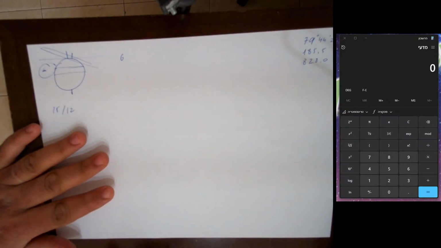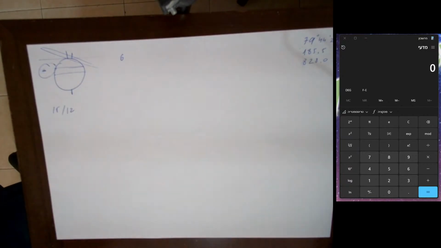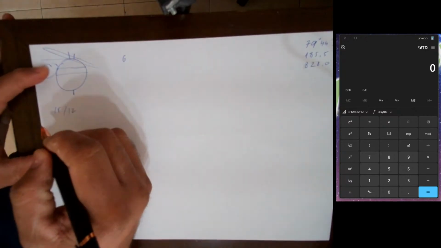We know the length of the fall. Let's see when the autumnal equinox was. In 2024 it was the 22nd of September.